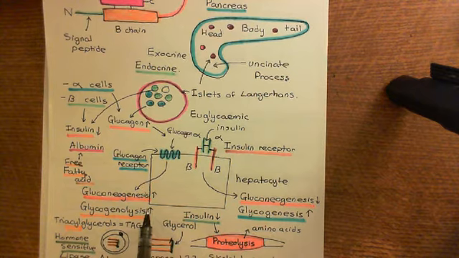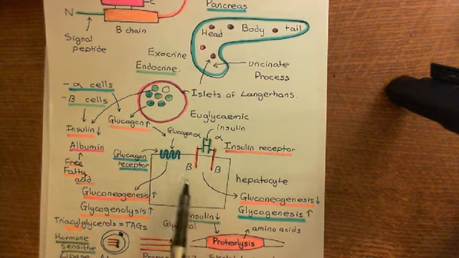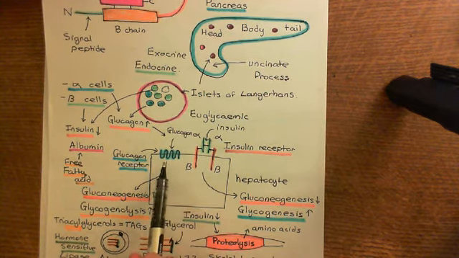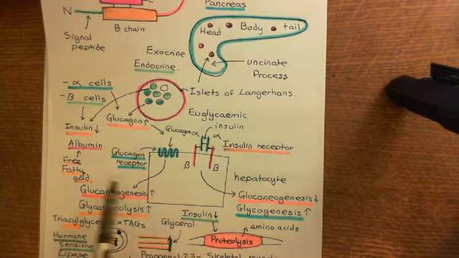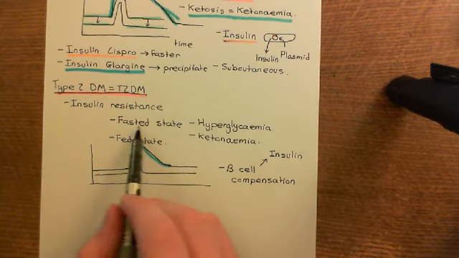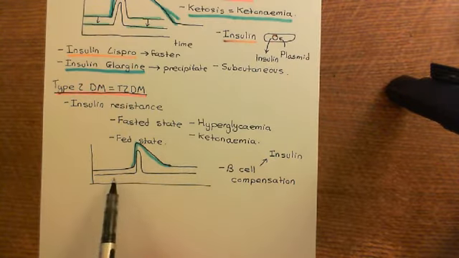Therefore you will still have this counterbalancing mechanism to counterbalance the glucagon signal, and the hepatocytes will not overproduce glucose and release it into the bloodstream. So that will help combat the hyperglycemia in the fasting state.